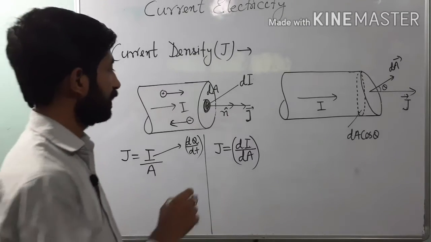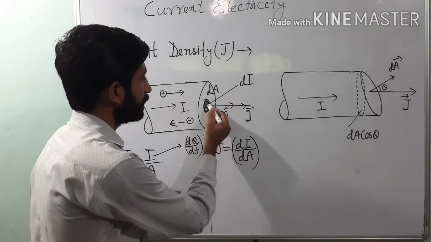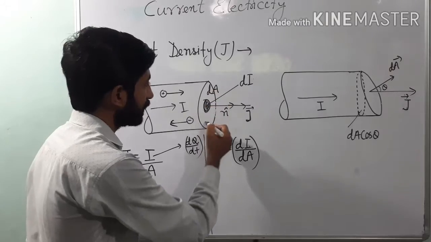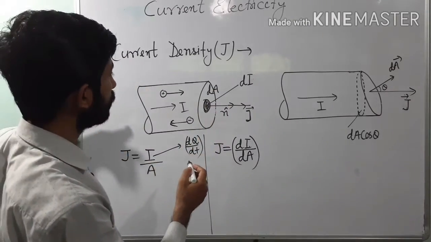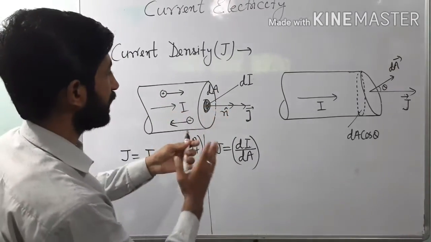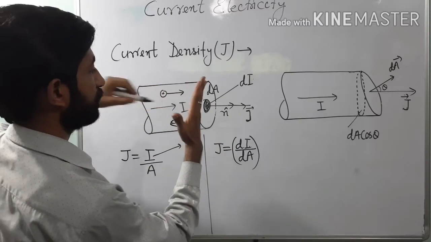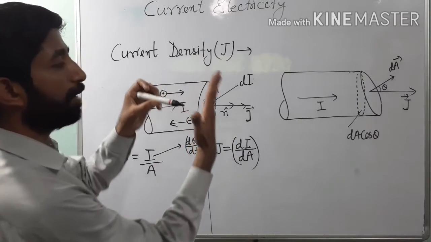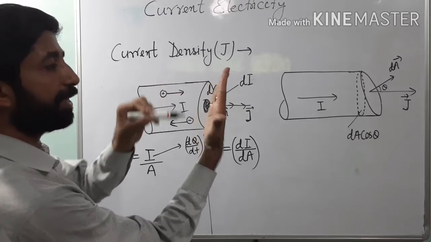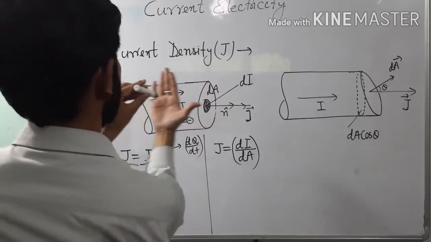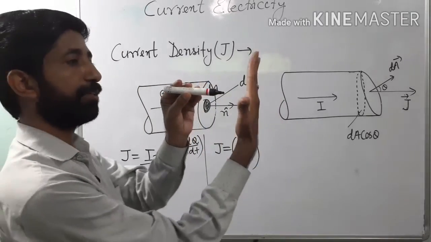Okay, got it? Simply this region or this cross section is perpendicular to the direction of current. So this area is held like this. So this is the direction of current, and my palm is perpendicular, and this is the area where the electric current is passing. See the 3D I am trying to show you.